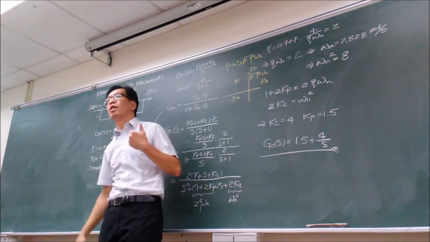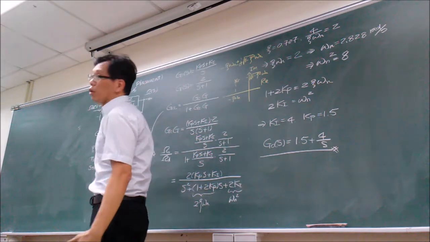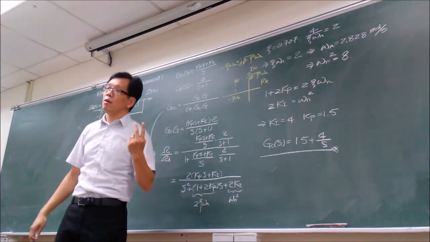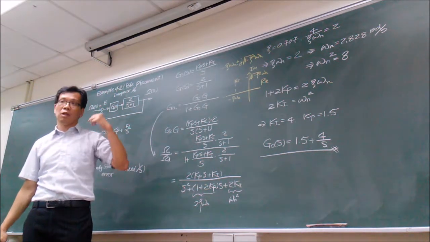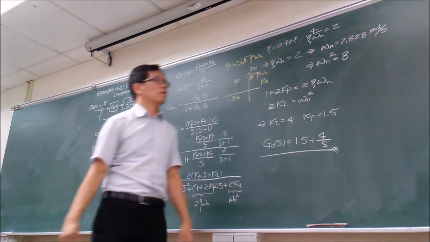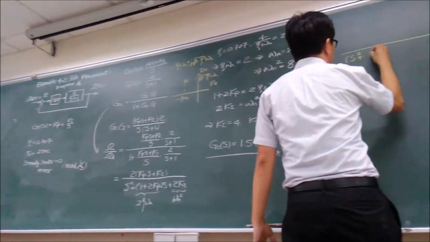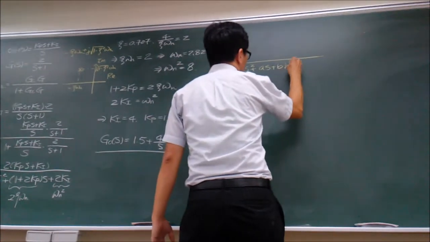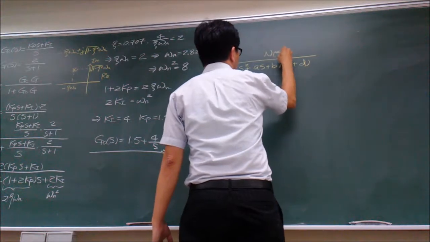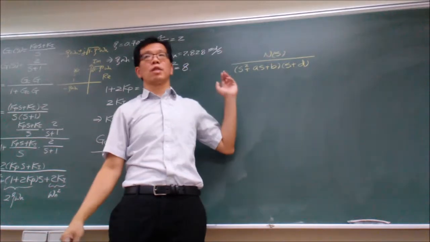It can be used for second order, third order, or higher order. In this example, we're talking about second order. We also talked about dominant systems in the previous example, right? If you have a higher order system, eventually your system is going to look like this, and you know it's going to be second order dominant.